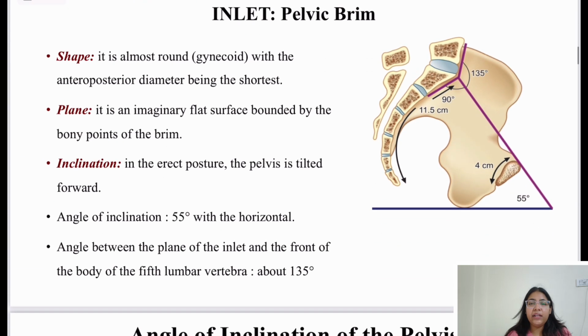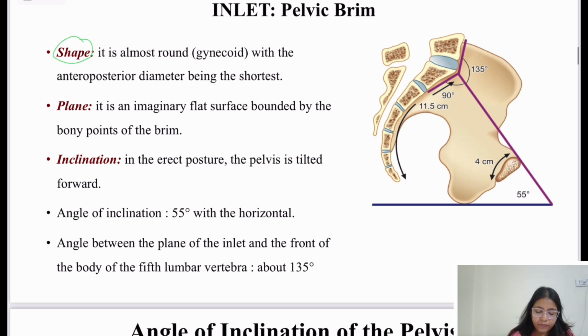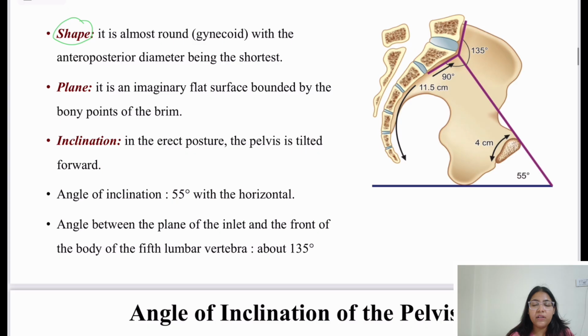Now pelvic inlet. So you know the anatomical position of the pelvis. It is not horizontal, it is tilted like this. First, what is the shape of the pelvis? Most pelves are gynecoid in shape. I'll tell you the different shapes of the pelvis later, but just remember for the time being that the most common shape is gynecoid, with the AP diameter being the shortest.